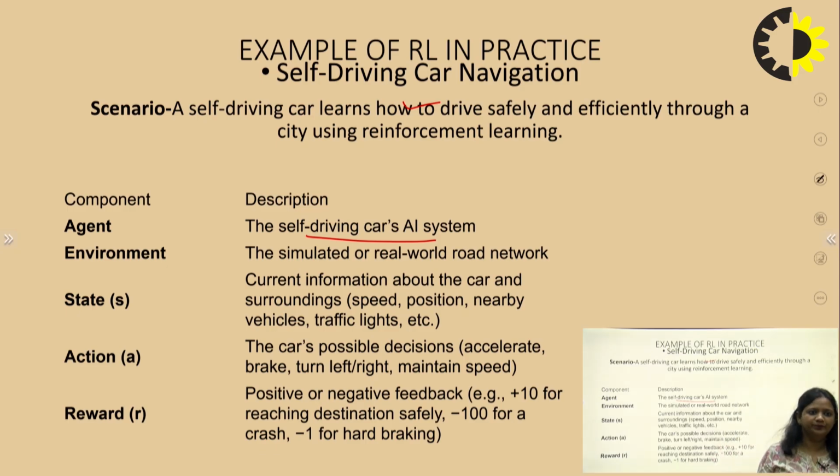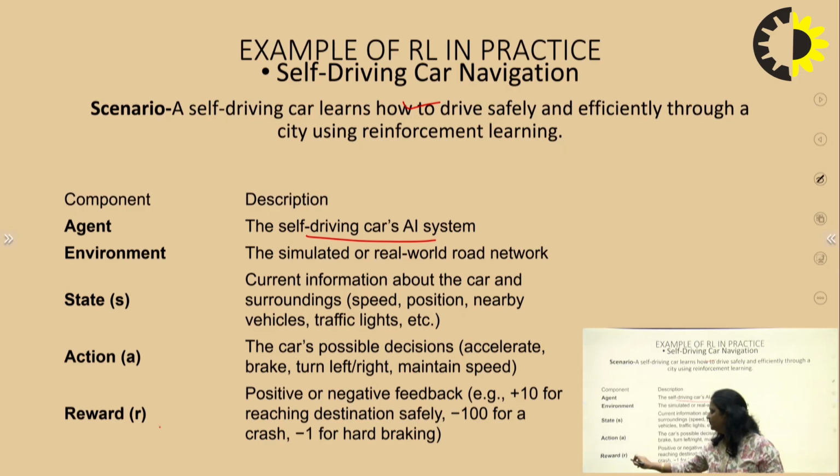Now action. What is action? In this example, it is the car's possible decisions: when to apply the brake, when to apply the accelerator, when to turn right, when to turn around, and so on. These are the actions that will be performed by the car.